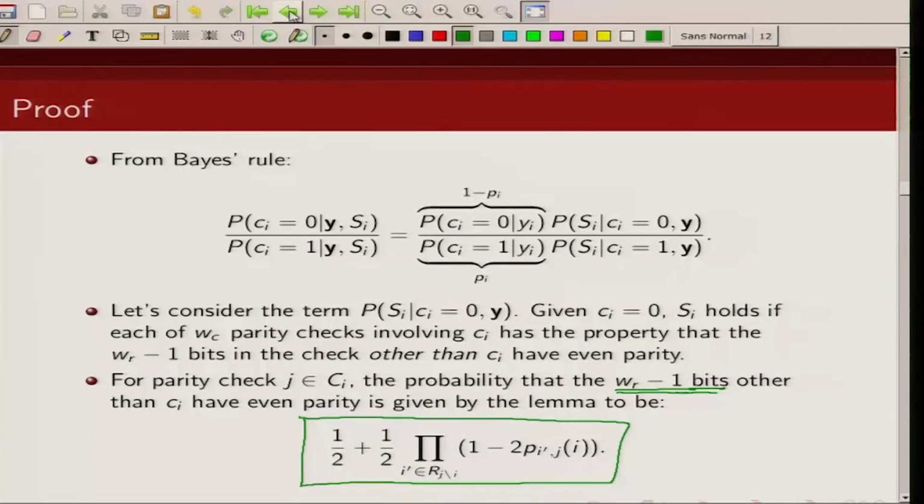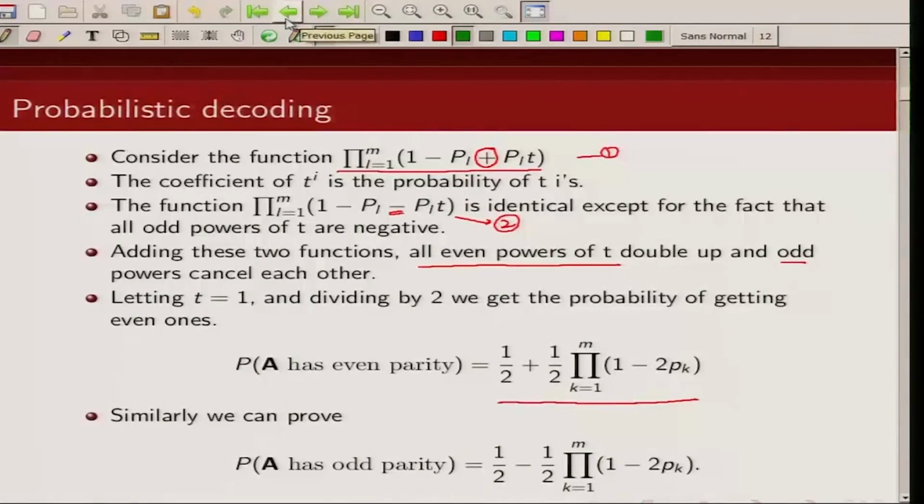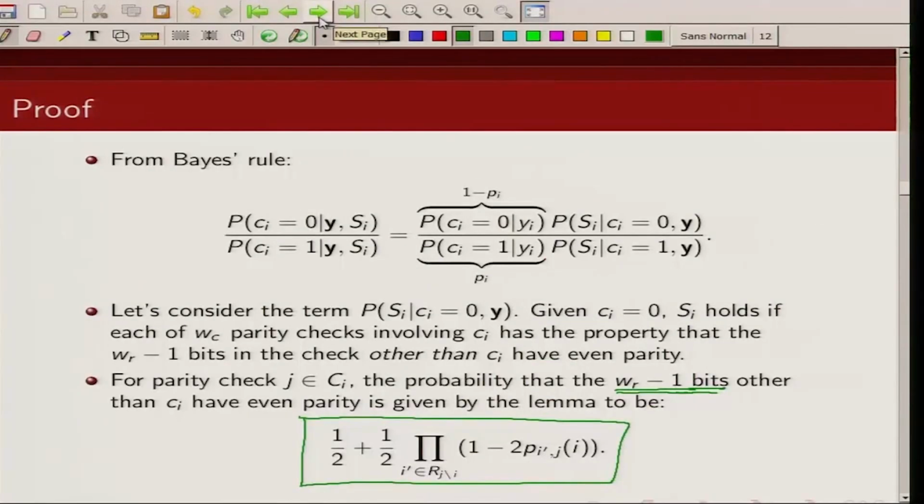If you go back, probability that m random variables have even parity is half plus half product of 1 minus 2 pk. So, probability that WR minus 1 bits have even parity is half plus half.